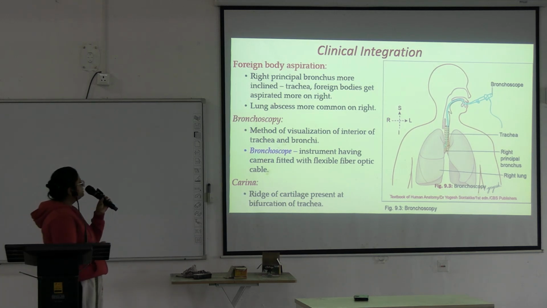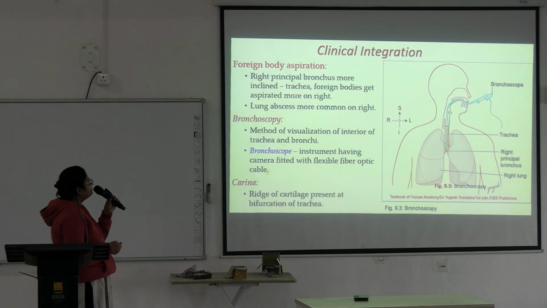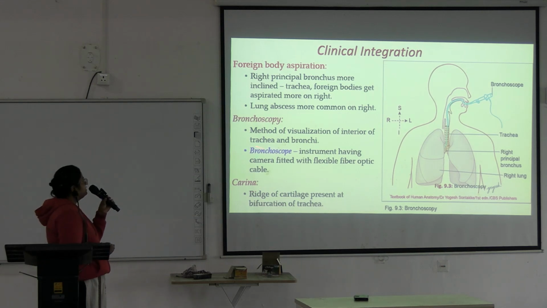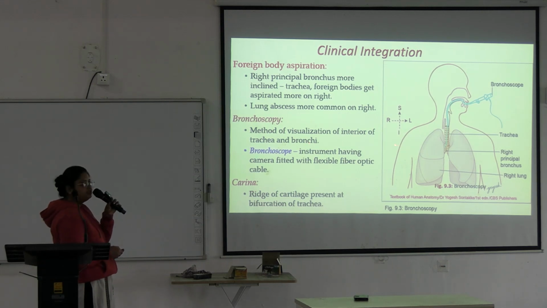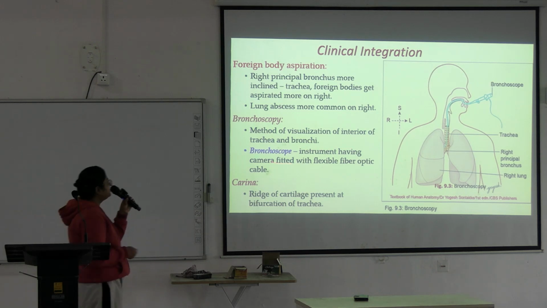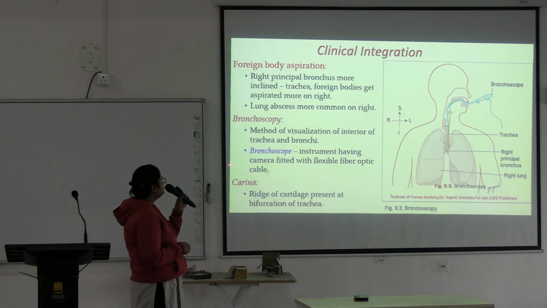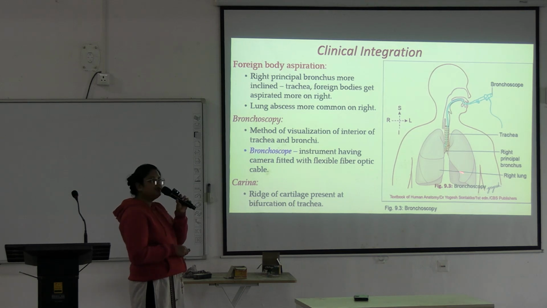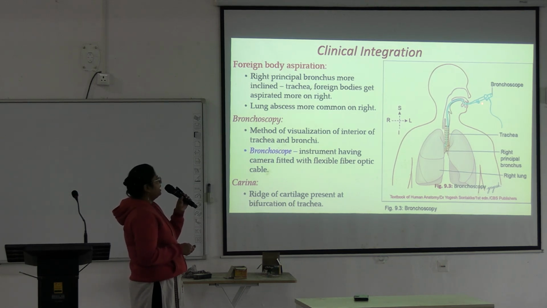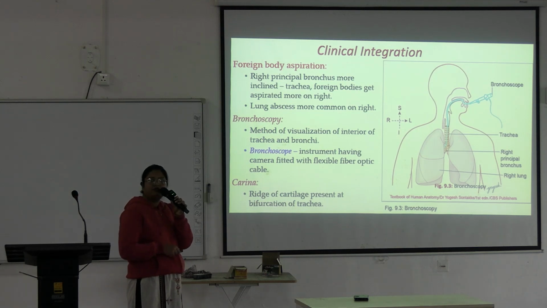The reason you have seen is bronchoscopy. What is bronchoscopy? It is a method of visualization of the interior of the trachea and bronchi. A bronchoscope is an instrument having a camera fitted with a flexible fiber optic cable. See here, this is the bronchoscope, and the fiber optic cable is being inserted into the trachea, from the trachea towards the principal bronchi, then lobar bronchi.